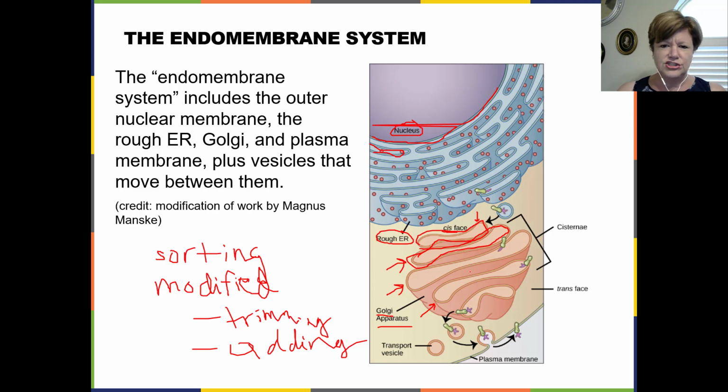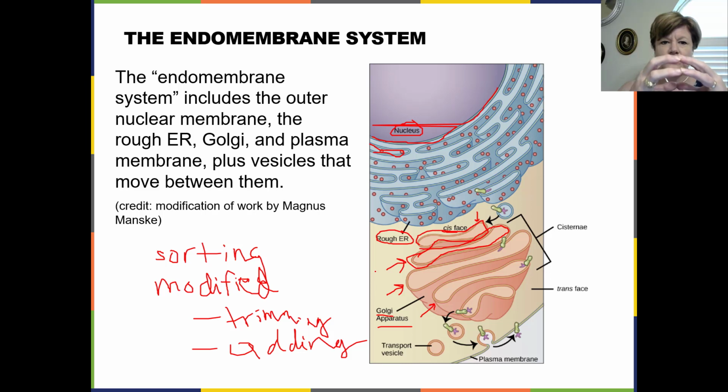Another destination: there are some vesicles that bud off of the Golgi and then stay in the cytosol of the cell, and they contain enzymes for hydrolysis. Remember, hydrolysis is how macromolecules are broken down.